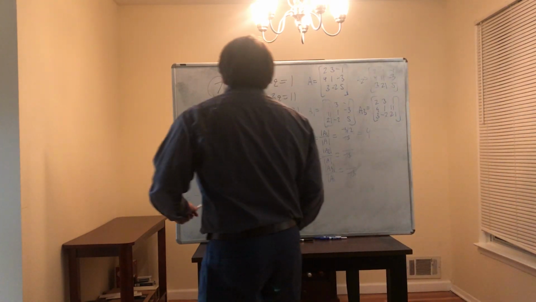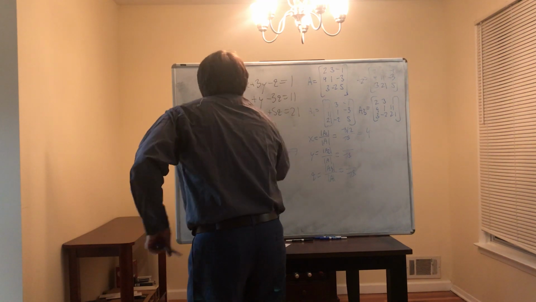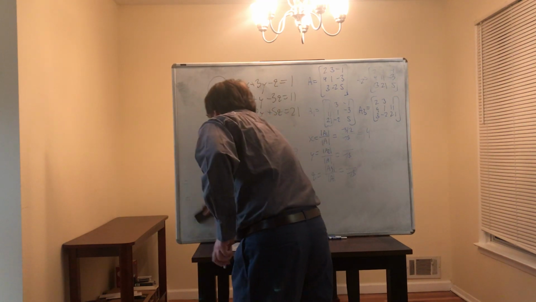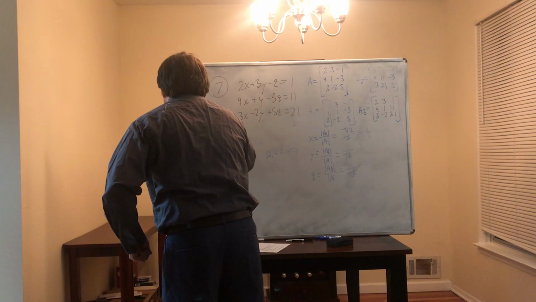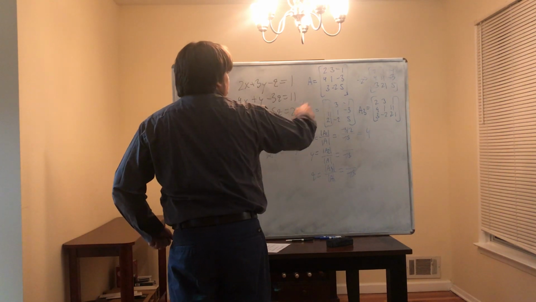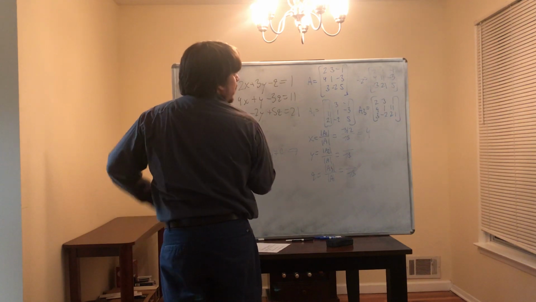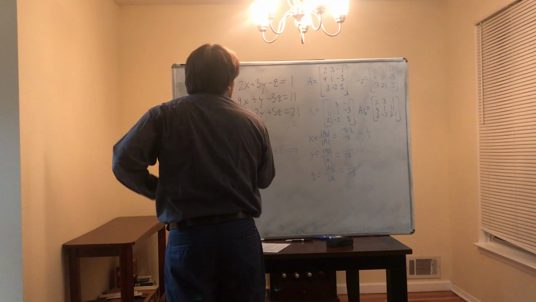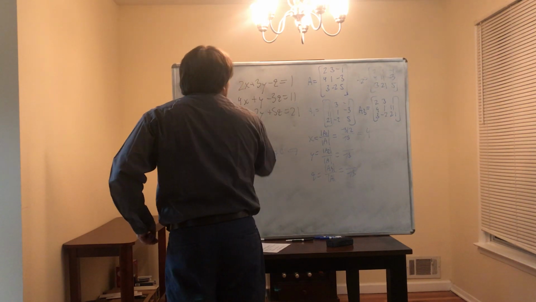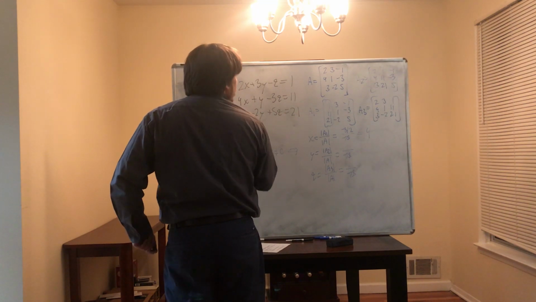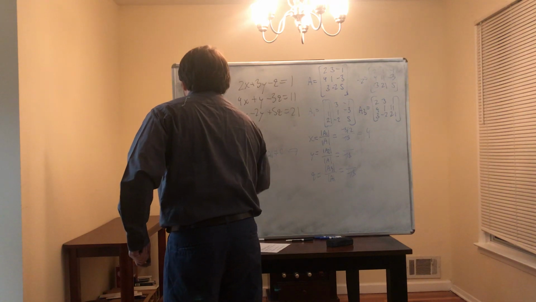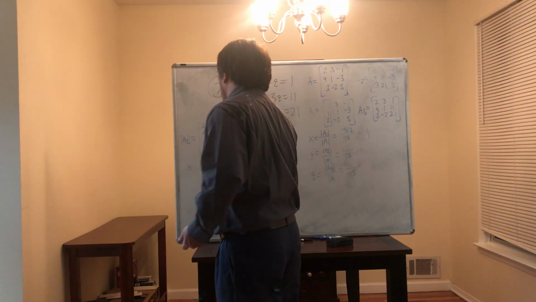So now we'll find the determinant of A2. Now we're going to find the determinant of A2. And that's equal to the determinant of that matrix, which is 2, 1, negative 1, 4, 11, negative 3, 3, 21, 5. And so we find the cofactor expansion on the first row.